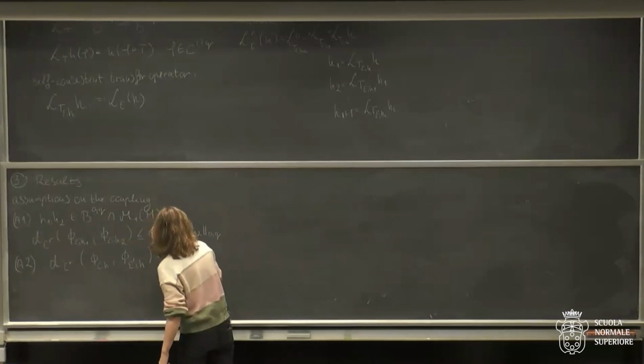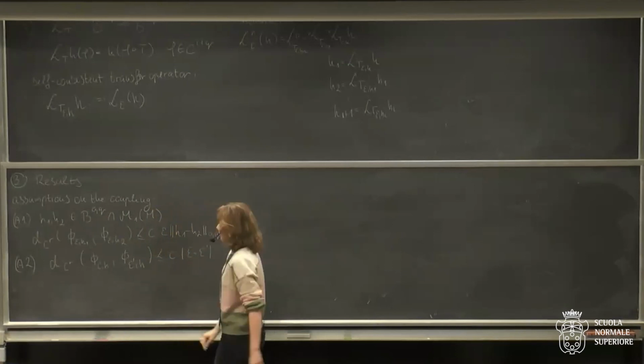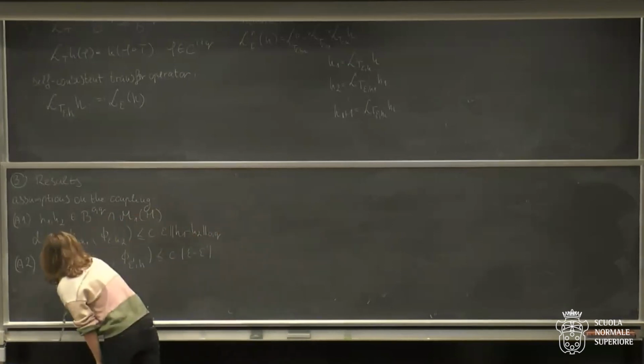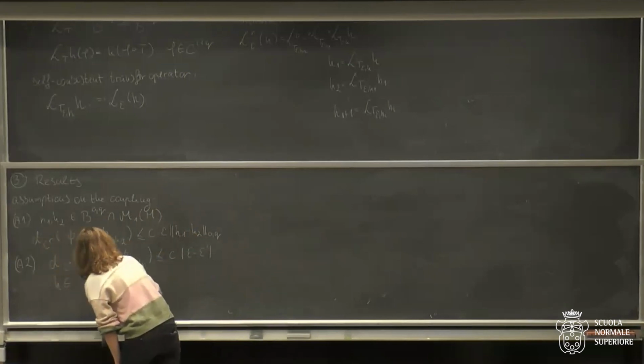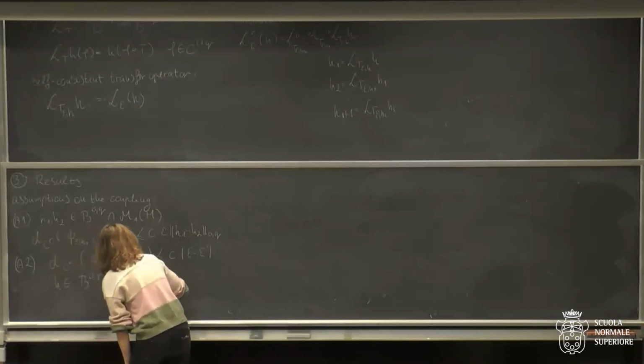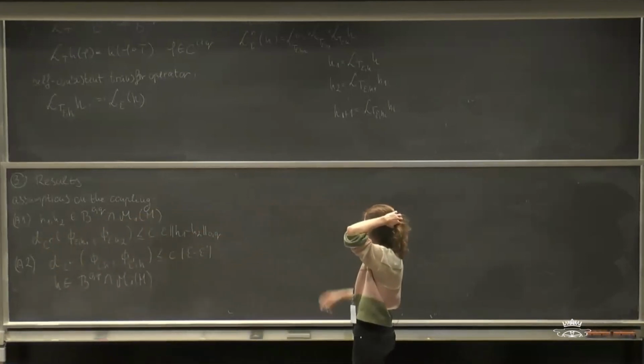So this is smaller than some constant times the difference of epsilon and epsilon prime. So this is what we assume about the coupling.